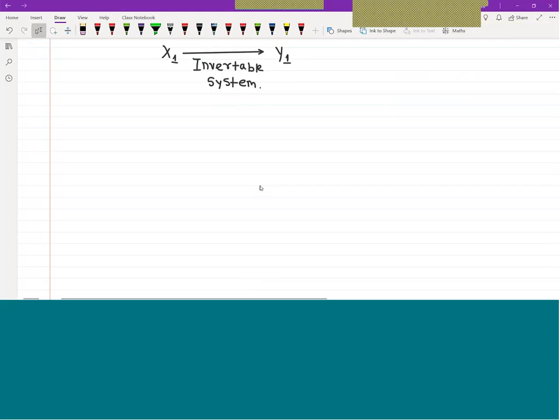Let's check whether a given system is invertible or non-invertible. Let's see. Suppose a system is y(t) equal to x(t) square. So when x(t) is equivalent to 1, it's 1 square, the answer is equivalent to 1.